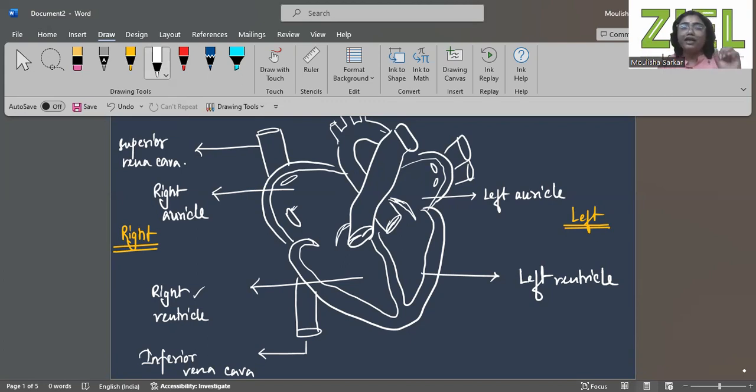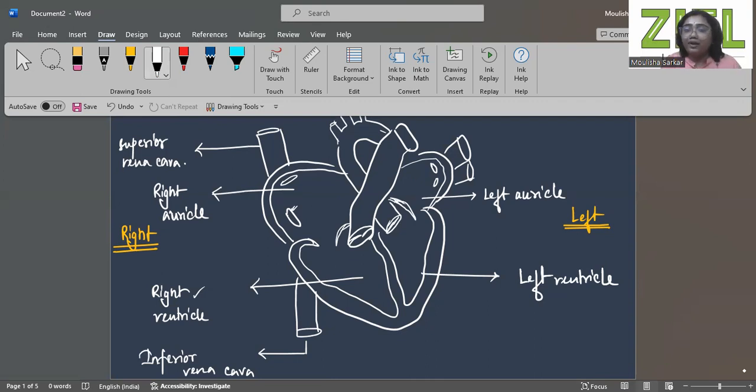So the inferior and superior vena cava are both veins, and we know that veins always carry deoxygenated blood. That means blood with a higher concentration of carbon dioxide, the waste product of cellular respiration, being collected from all over the body and deposited into the right auricle. Those are the superior and inferior vena cava.